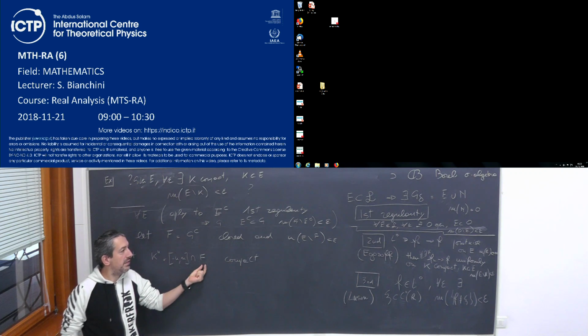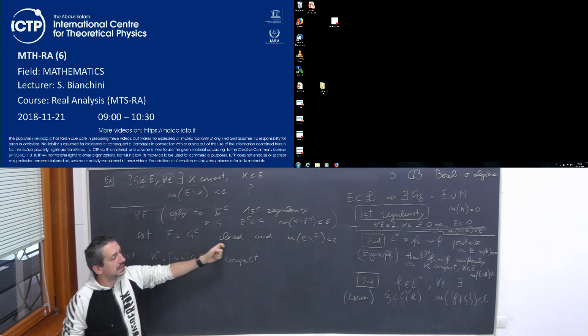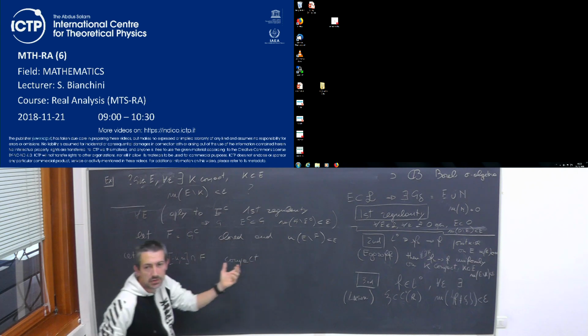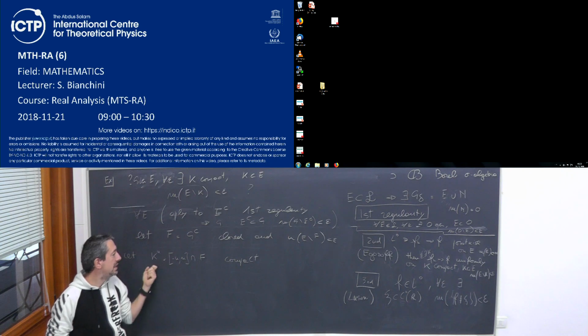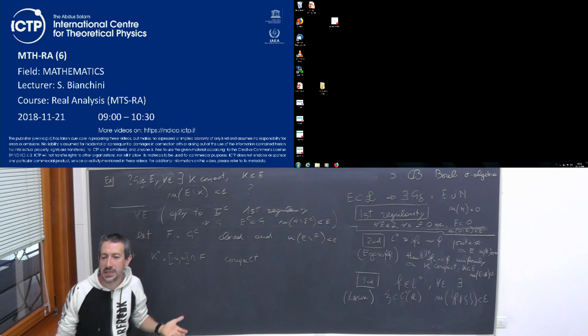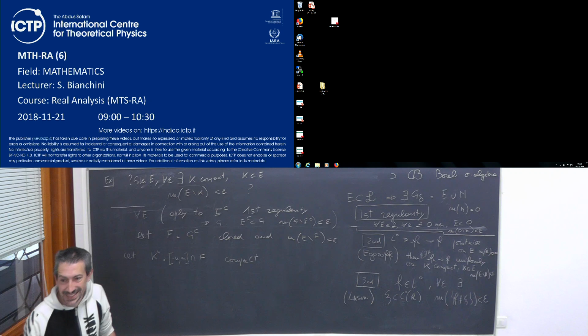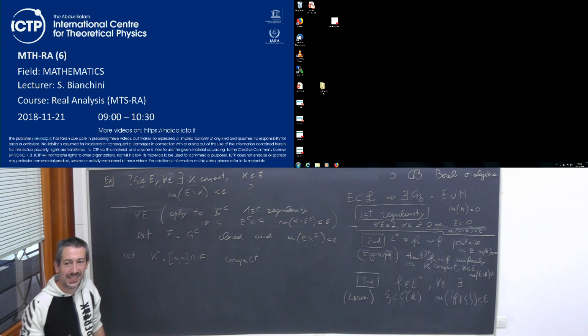And you see, F is already basically my set. So if I want to measure F with compact sets, essentially these Kn are all the compact sets I need. The limit is not compact, but F is.